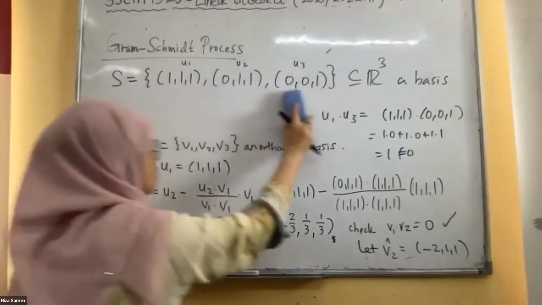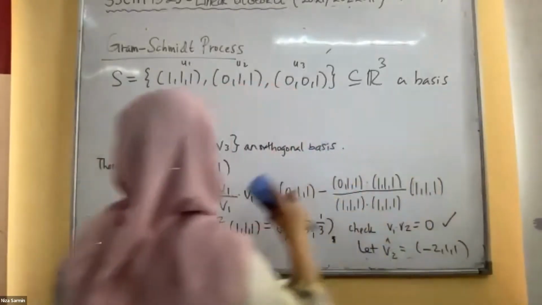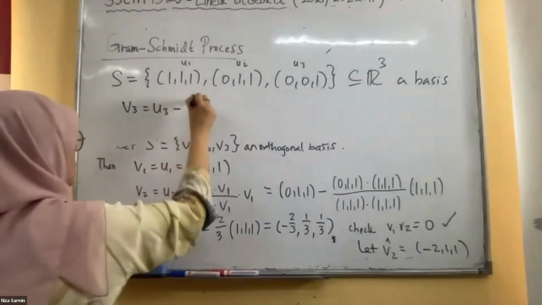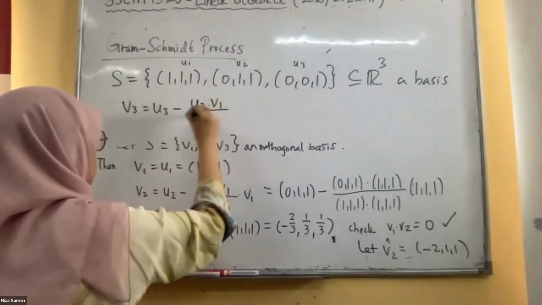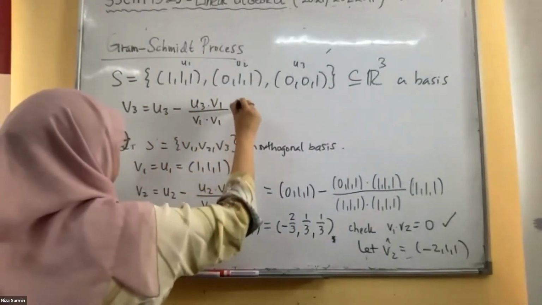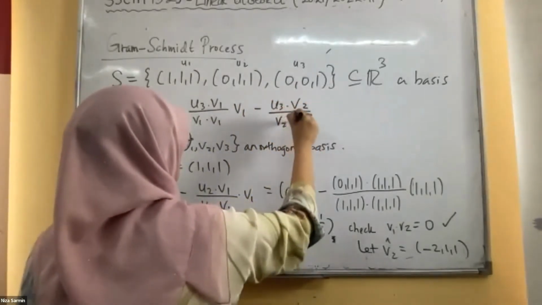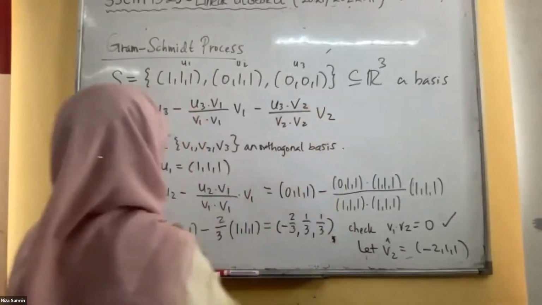V3. Okay? So V3 is U3 minus U3 dot V1 over V1 dot V1, V1 minus U3 dot V2 over V2 dot V2, V2.